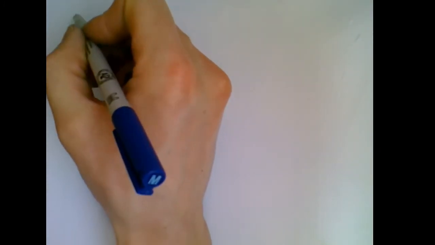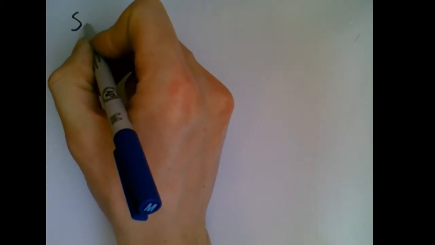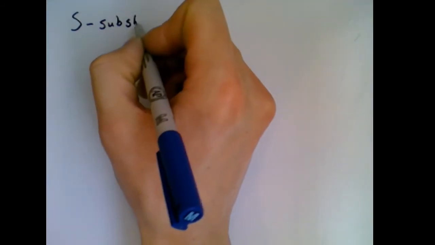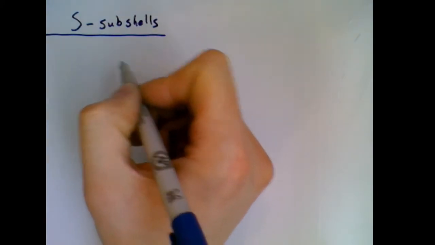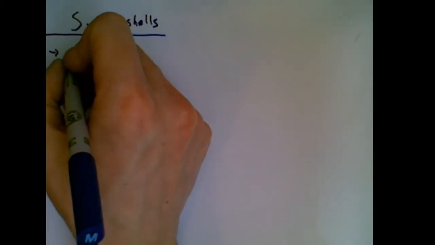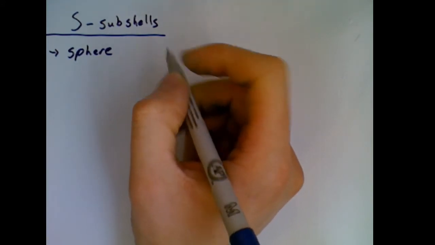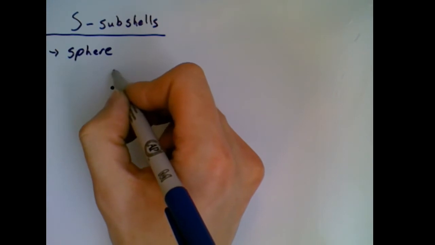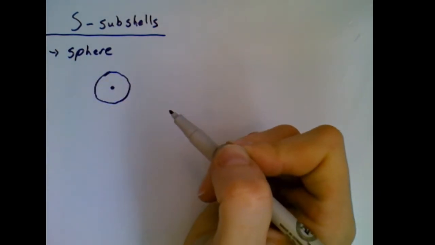And the first of the shapes is what is called the S shape. And these are called subshells. So the S subshell is just a sphere. So what it means is that you would have your nucleus in the center, and then surrounding it would be a sphere of electrons.